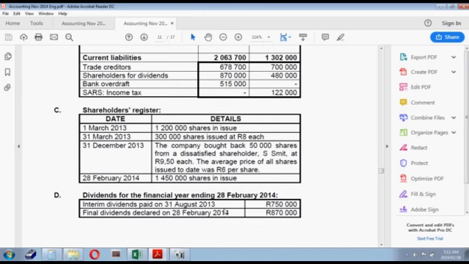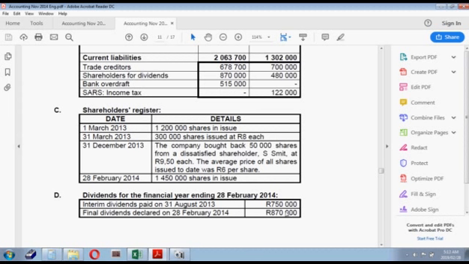We have dividends for the financial year ended 28 Feb 2014, the interim dividends paid on 31 August of 750,000, as well as the final dividends declared at the end of the financial year of 870,000. We know usually these appear in the retained income note.